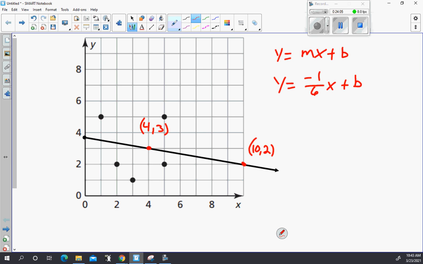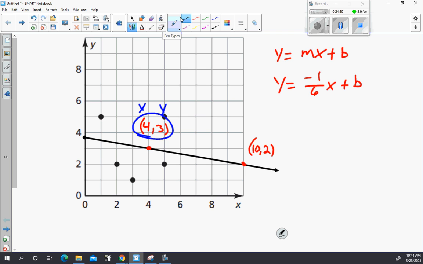Again, this will be a little different than yours. Maybe your line of best fit looks a little different than mine. Okay, but this is what I have. Plug a number in for x and y. Doesn't matter which point. I'm going to choose this one right here. 4, 3, where I have my x and my y.